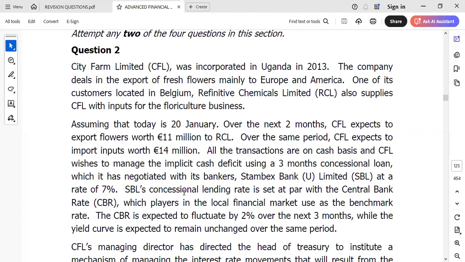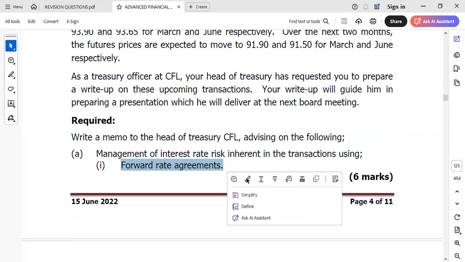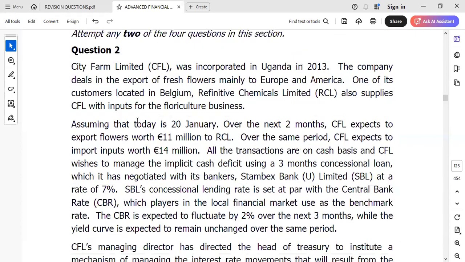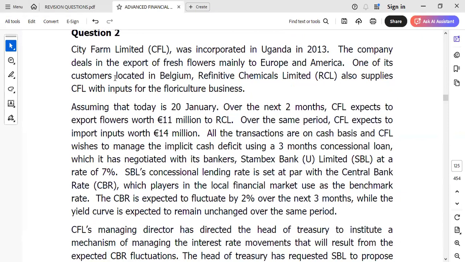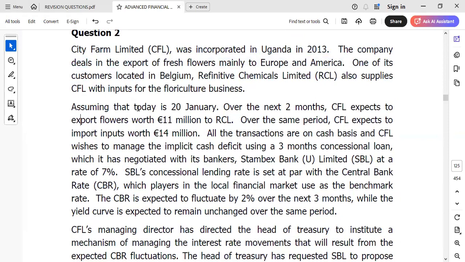Question 2. We have 6 marks here to clear. You read it through. Assuming today is 20th January.